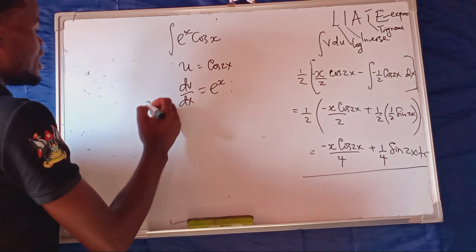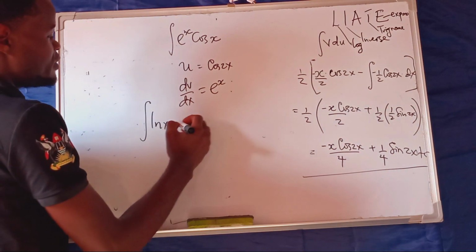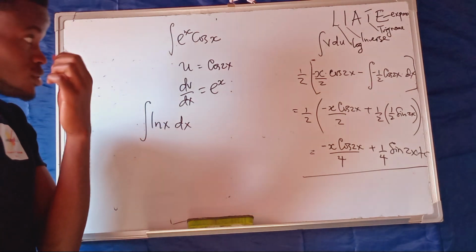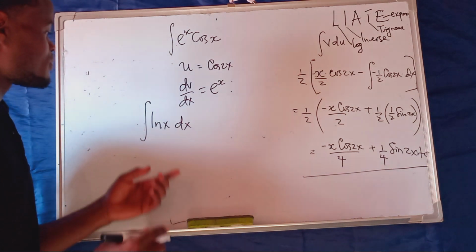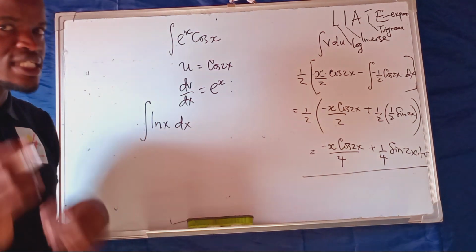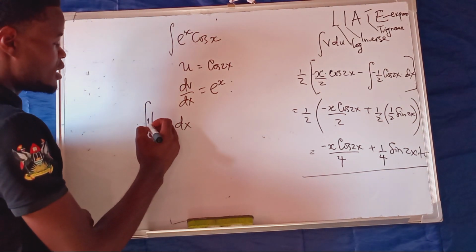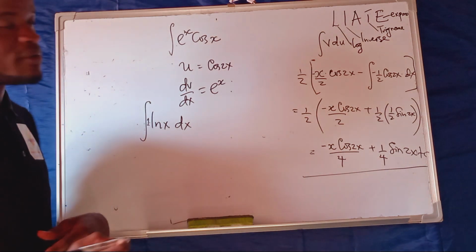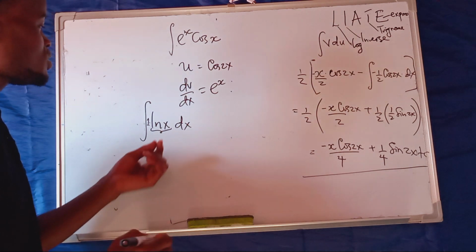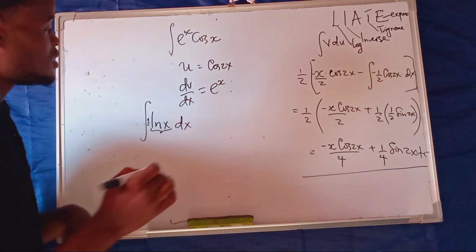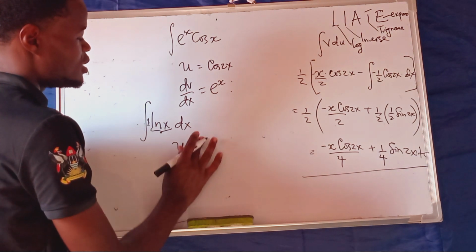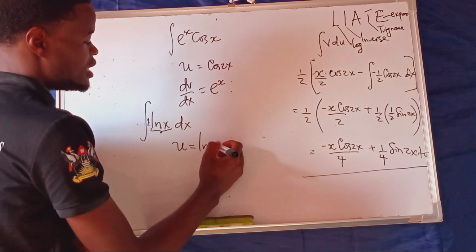So if I had the integration of ln x, you can try this one out and see whether it comes out, but I believe it comes out. So if I have a function like this, you're seeing one function, but there is a silent one here behind. To integrate this is very hard. So what you do is integration by parts, where you shall choose your u to be the ln x.